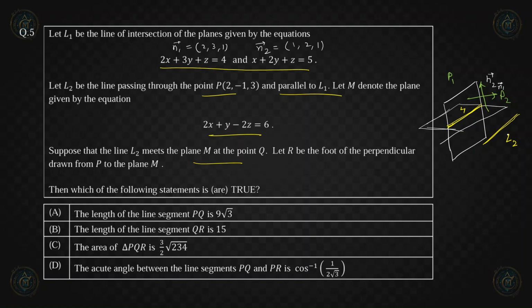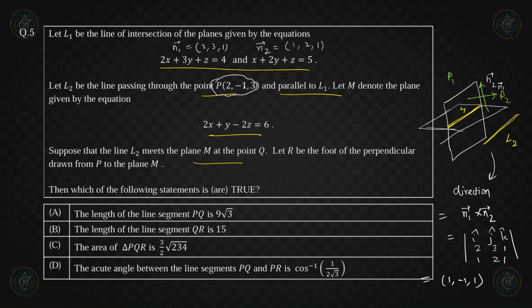That means the direction will be along the vector n1 cross n2. So it will be i, j and k, then if we calculate, 2 3 1 and 1 2 1, it will be (1, -1, 1). This is the direction of the L2 line, and it is passing through this point.